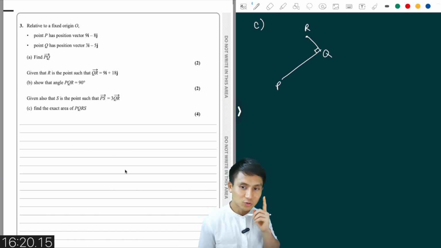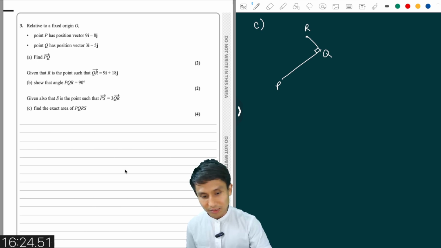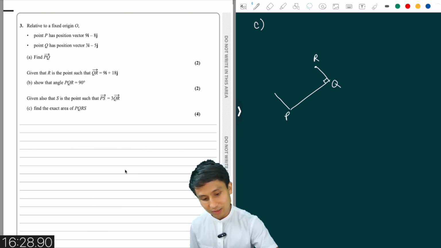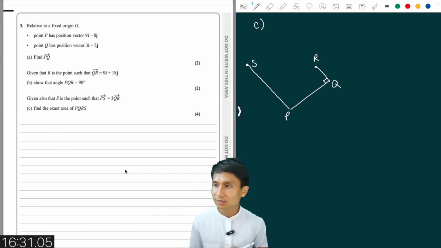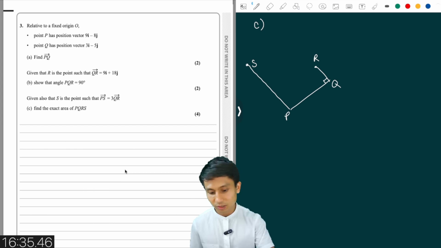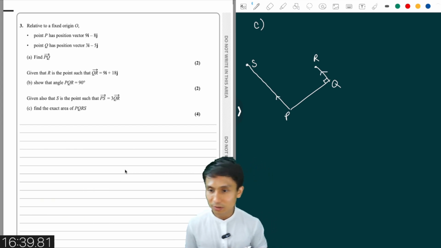PS is parallel to QR. Okay? But PS is 3 times QR, so I'm going to move it a bit down and just visualize it like this. So that should be our S right there, about 3 times QR, okay? They have to be parallel because writing the vector form like that means that they are parallel.